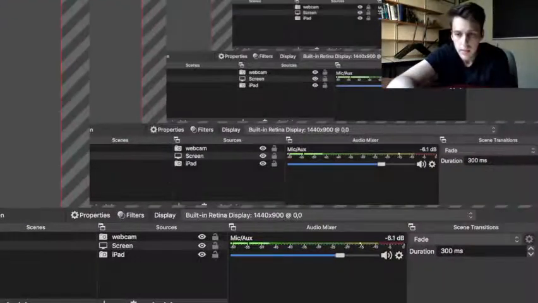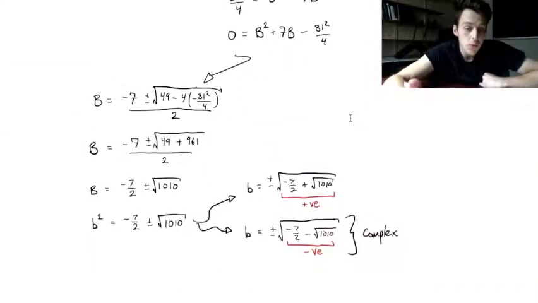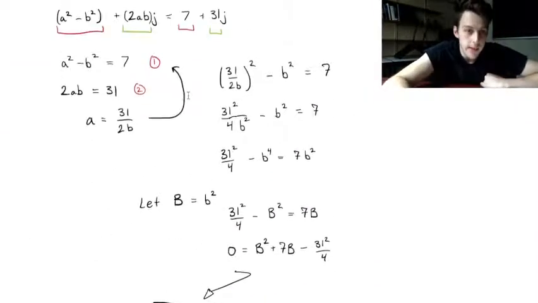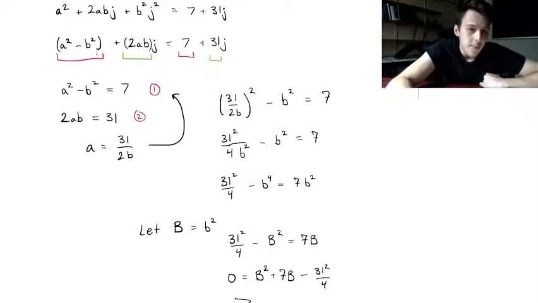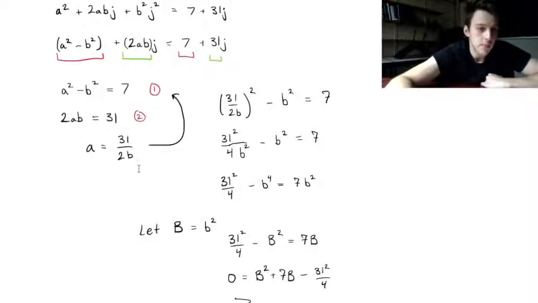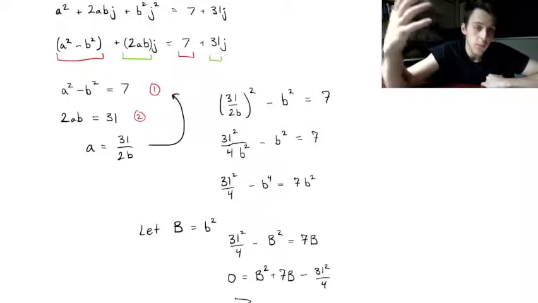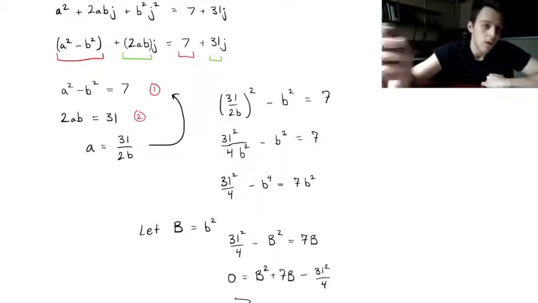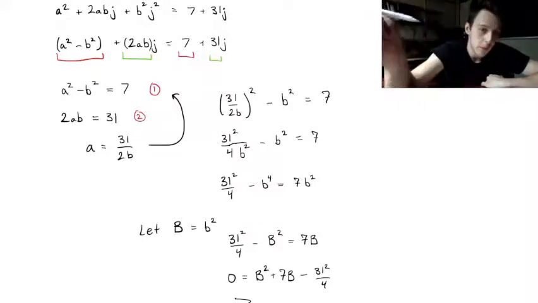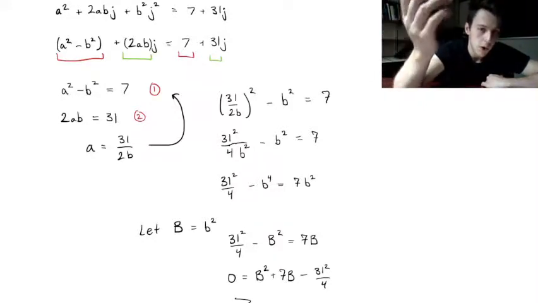Sorry for that. What I mean to get at here is that this a squared minus b squared term will be complex, because if b, the single b right there, is a complex number, then a will be a complex number. So 31 divided by 2 times a complex number will be complex, meaning that our a squared minus b squared term will also be a complex number.